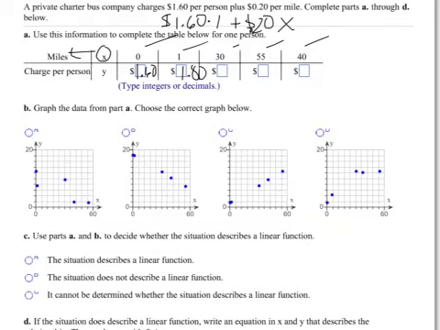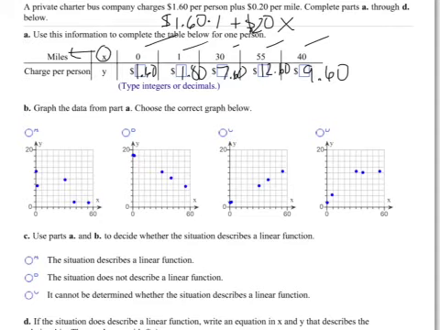So for 1 mile, it would cost $1.80. Then I'll do $1.60 plus 0.20 times 30. 30 times 0.20 is 6. And 6 plus $1.60 is $7.60. Now continue to fill out the table in the same way.